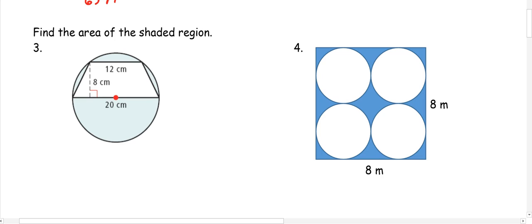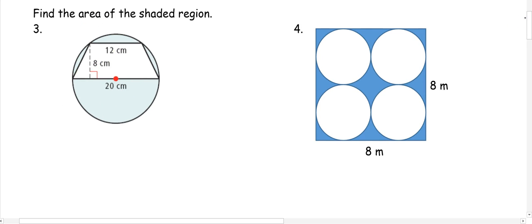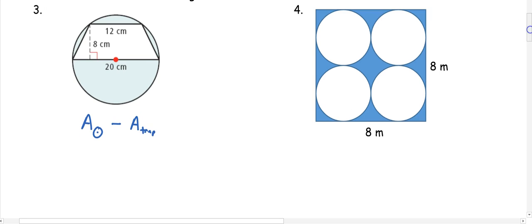So in number 3, we have two shapes. We have the big circle, and then we have the trapezoid that is white. So the area of the circle is the big area we want to find, and we're going to subtract the area of the trapezoid. So remember that area of a circle is pi r squared, and the area of a trapezoid is 1/2 base 1 plus base 2 times the height.